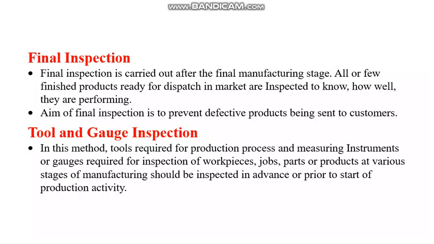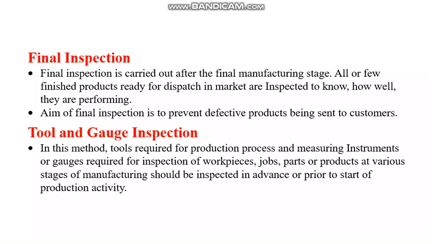All or few finished products ready for dispatch to the market are inspected. Just before leaving for packing, or before the dispatch to the market or to the end user, they are inspected to know how well they are performing. The aim of final inspection is to prevent defective products being sent to customers.